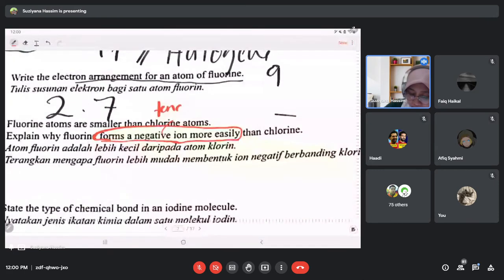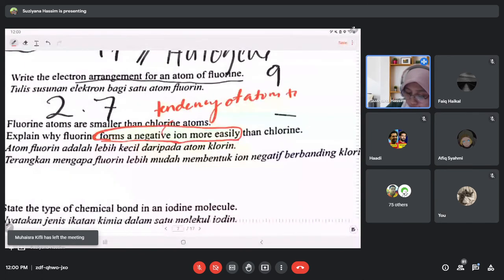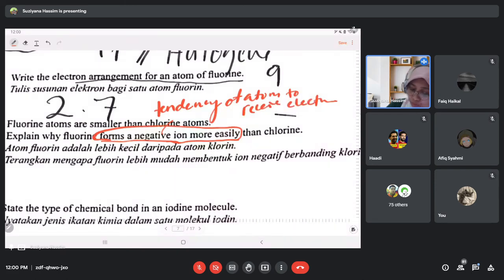We are talking about the tendency of atom to receive electron, to form an ion. An ion is a negative ion. Okay, we know that chlorine, bromine, iodine, fluorine is above than chlorine. So of course, the size of fluorine smaller compared to chlorine. Why?